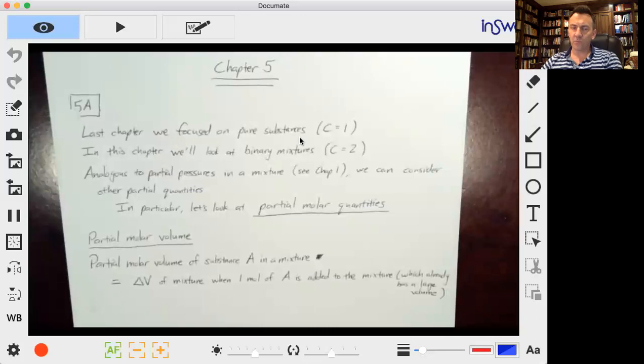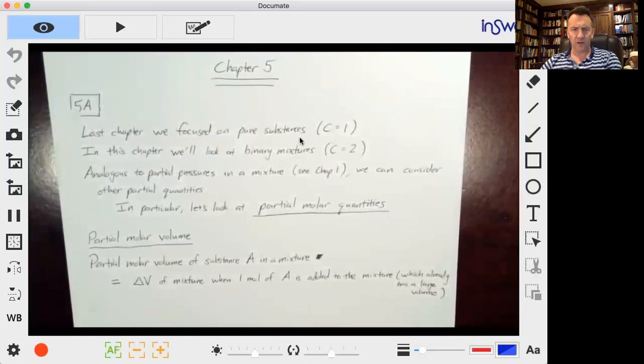So we're going to look at some more partial type quantities, because we're talking about mixtures and what each constituent contributes to the mixture. In particular, we're going to be talking about partial molar quantities. The first one that we're going to look at is partial molar volume.